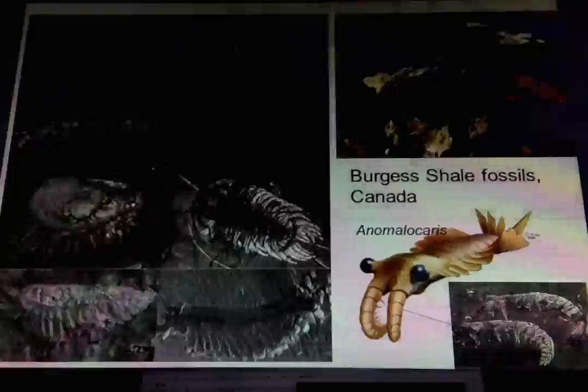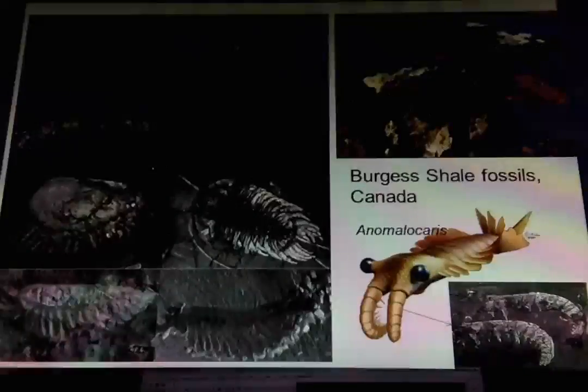Evidence from Burgess shale fossils in British Columbia, Canada, for this creature here. Two meters long. Anomalocaris. It existed in the oceans. Again, fossils recorded in shale in British Columbia, in Canada, of creatures that we would only dream of in nightmares today, maybe.